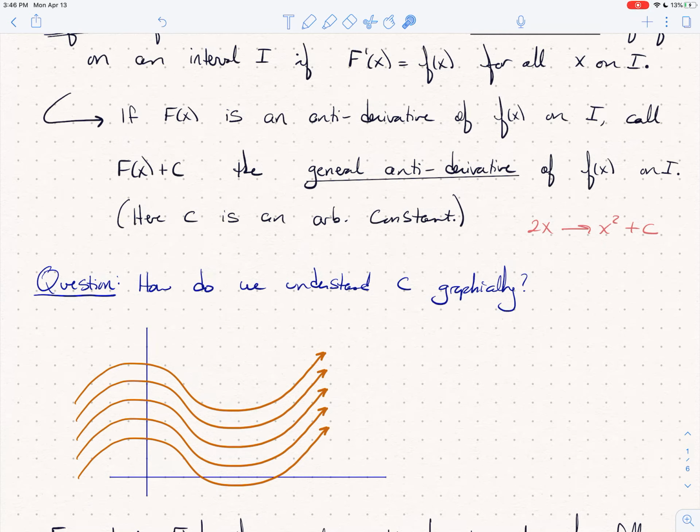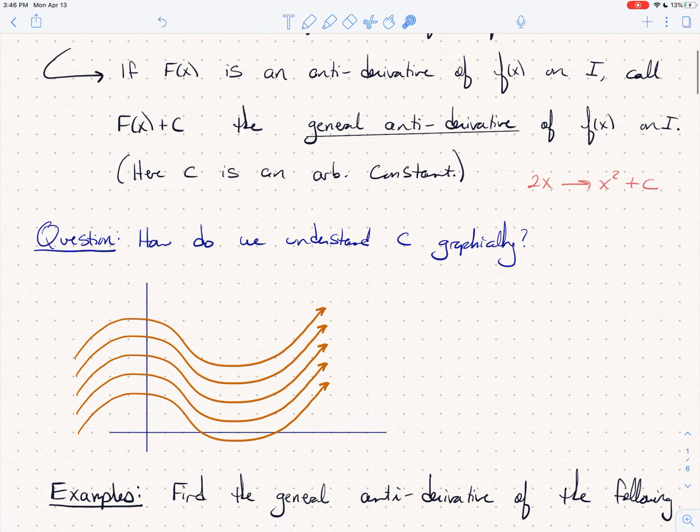All of those functions are antiderivatives of 2x. So we write the general antiderivative with the plus c, indicating that you can put any constant you want out there. Any antiderivative of 2x will be of this form. And now we understand graphically that all of these curves, regardless of what you pick for c, have the same derivative.